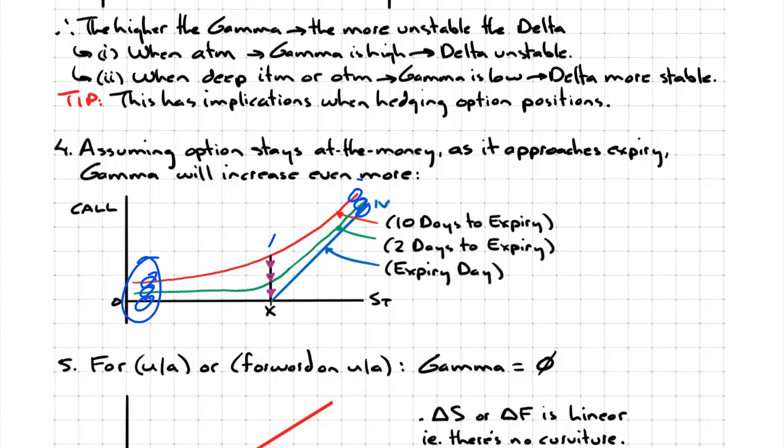So the wings are fixed, but the body here is moving in, which means it's becoming more bent when the option is at the money. In other words, it's becoming more curved, and that's exactly what gamma captures, is curvature. So there it is. As the option approaches its expiry, and assuming that the option is trading at the money, its gamma will become higher and higher. In other words, it's becoming more and more curved at that point.